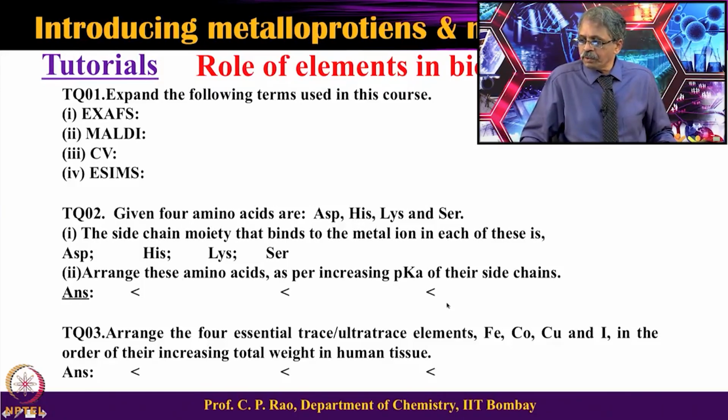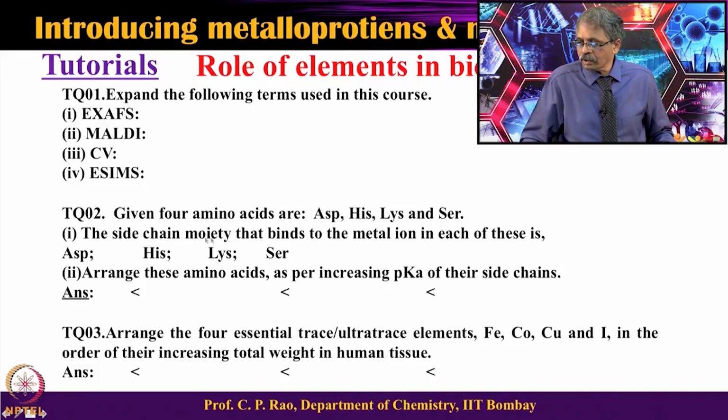I have also given you the pKa's, and you know that the alcoholic OH will have a very high pKa, while the COOH will have a very low pKa, and imidazole and phenolic will be in between, and the SH will have a slightly higher one too. So, this is another question: arrange these amino acids, aspartic, histidine, lysine and serine, in the increasing order of their pKa.